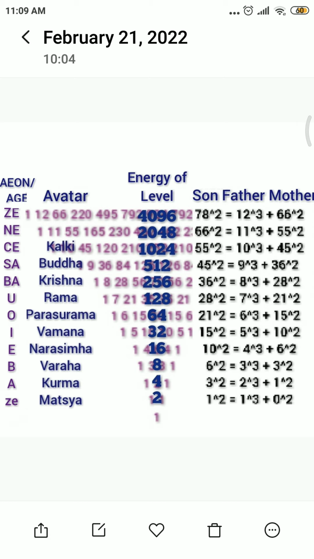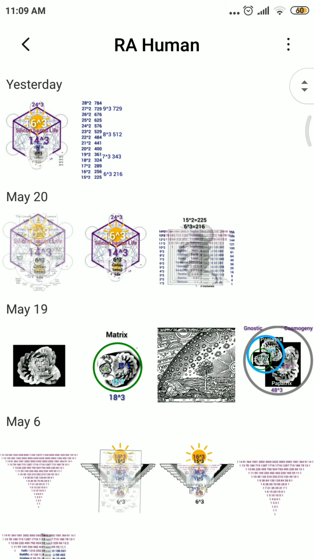Till Saturn, if you take the total of the individual energies of the planets, that is Mercury is 2, Venus is 6, Earth is 10, like that, if you add up till Saturn, you will get the number 100.